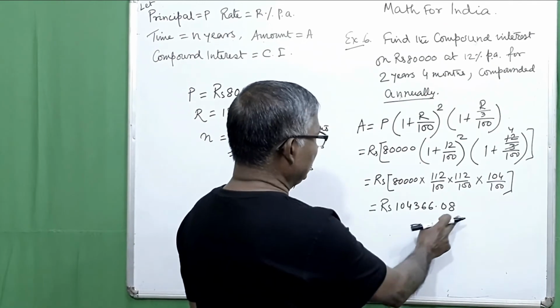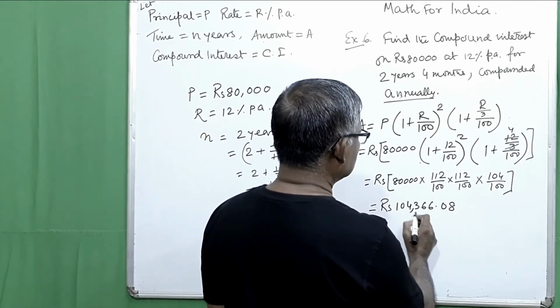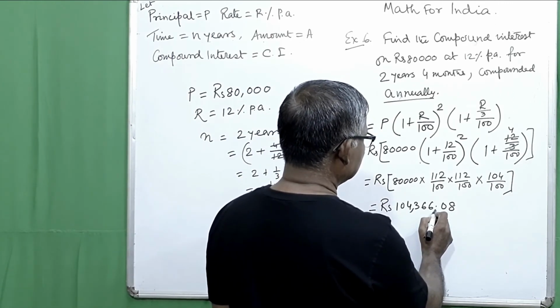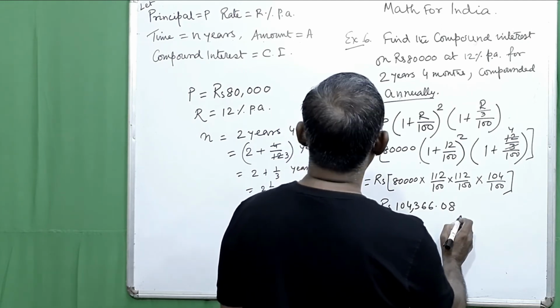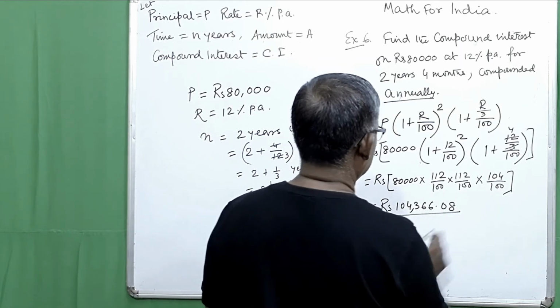After calculation we will get rupees 1,04,366.08. So the amount is this amount.